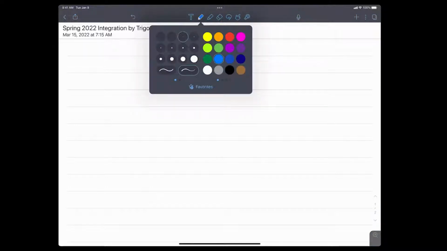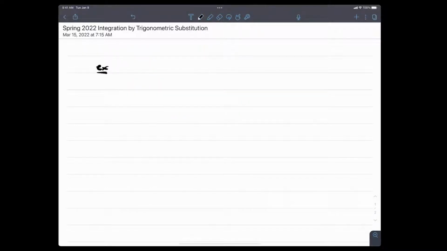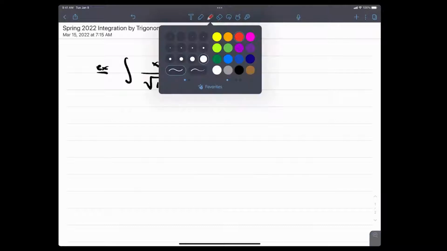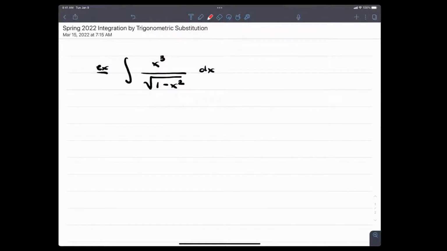For an example, here's what we want to say. You can have an integral that has x cubed divided by the square root of 1 minus x squared, dx. My point is right in here.